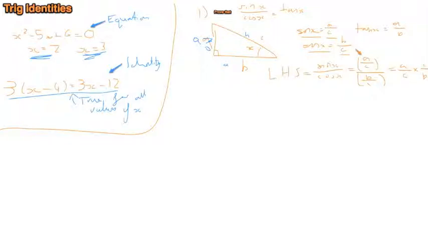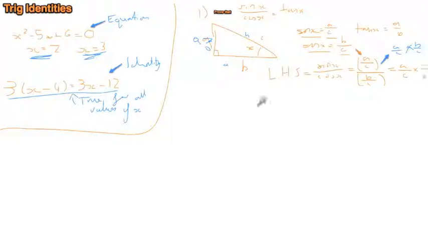You have A over C divided by B over C. But when you divide something, you just flip it around. So to make it a times, you just flip that around to C over B. Simple algebra going on there.